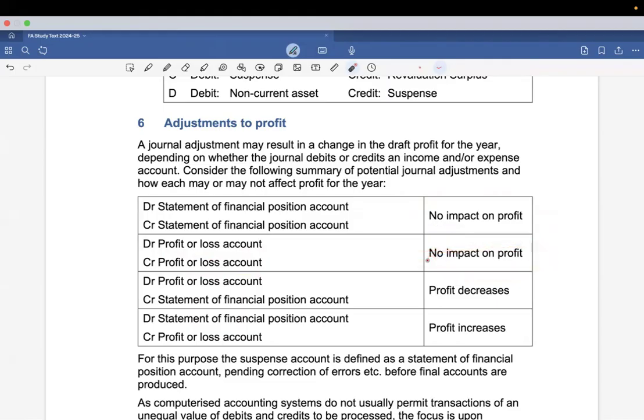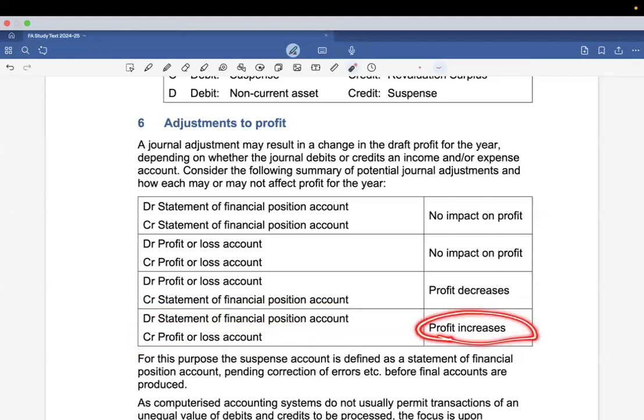Understood? Okay, but suppose your adjustment entry included a debit of an SOPL account and a credit of an SOFP account. Then on the debit side, your expense increases, right? Or maybe the income increases, right? And in that case, the profit is going to go down. Clear? Now, if the adjustments that you have taken increase your SOFP amount but decrease your profit and loss amount, then that means your profit is going to increase.